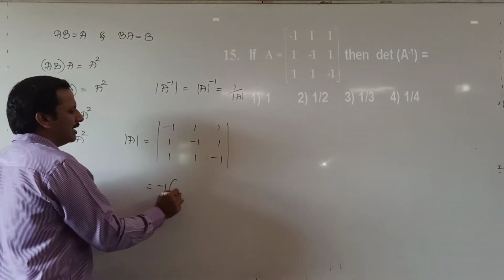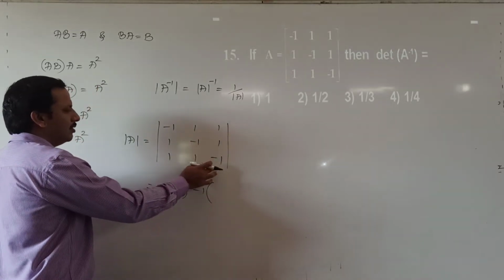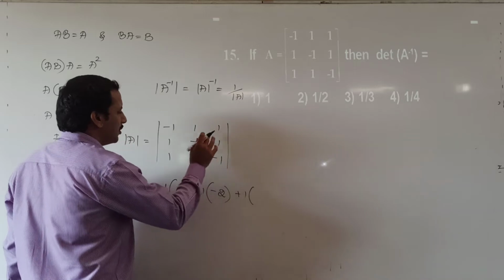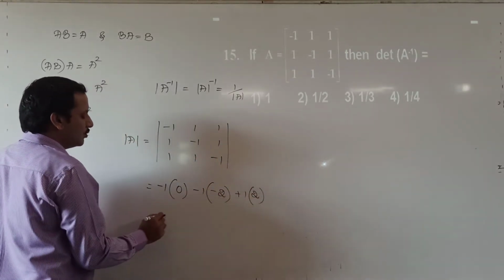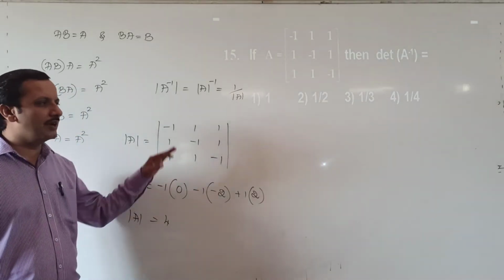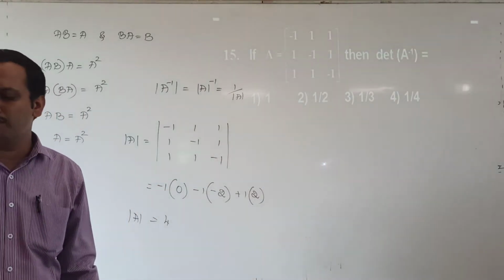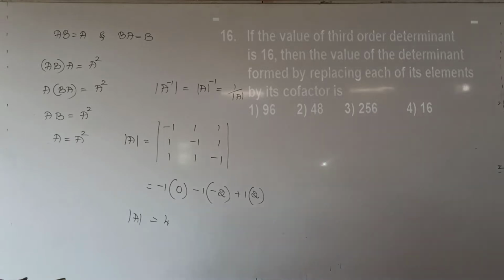That is equal to minus 1 into 1 minus 1, 0, minus 1 into minus 1, that will give you minus 2, plus 1 into 1 plus 1, that's 2, we get 2 plus 2, 4. Determinant of A is equal to 4, therefore determinant of A inverse is equal to 1 by 4, which is the fourth option.